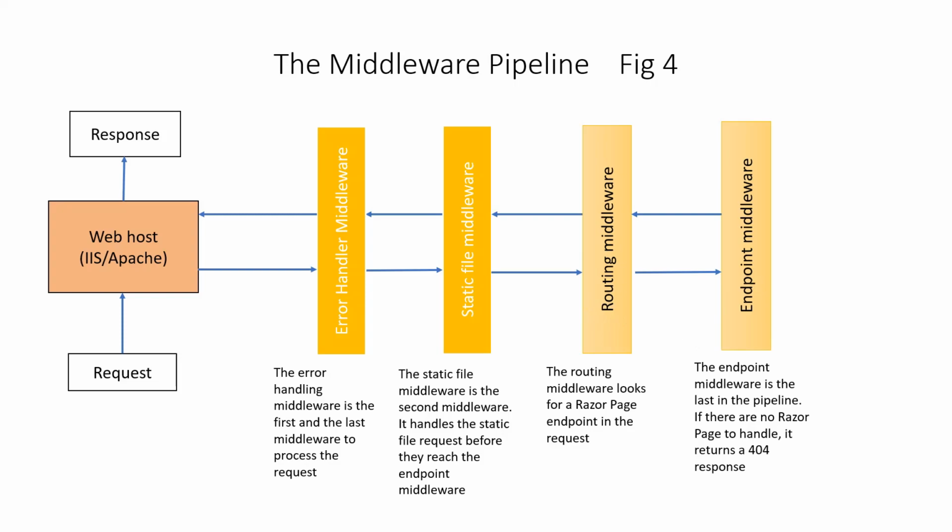Now the impact of ordering can most obviously be seen when you have two pieces of middleware that are both listening for the same path. What I am saying is that the welcome page middleware, which returns a welcome page that is not applicable in production, is just a sort of holding page.